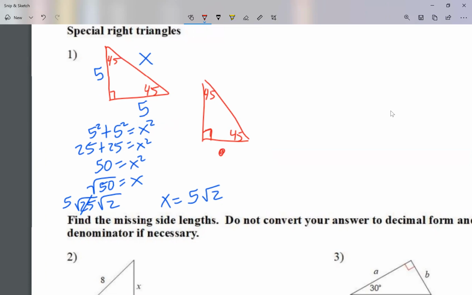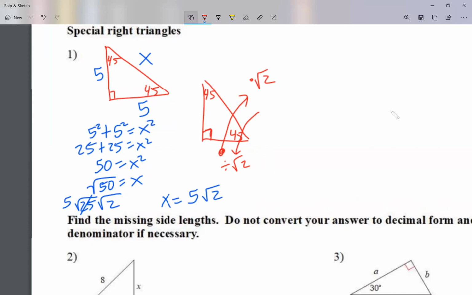If I start at one side and I want to get to the hypotenuse, I multiply by radical 2. And look, if I would have gone 5 times radical 2, it's 5 square root of 2. That's it. 5 square root of 2. Now, if you're going backwards, because sometimes we might have it, if you're going backwards, you're going to divide by the square root of 2.